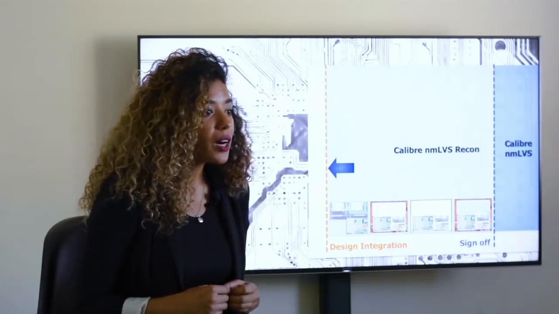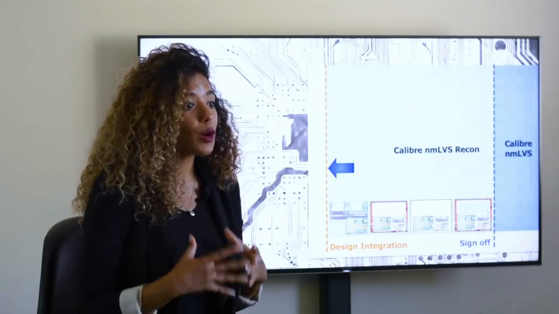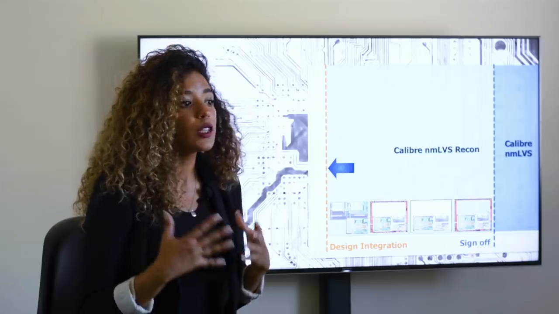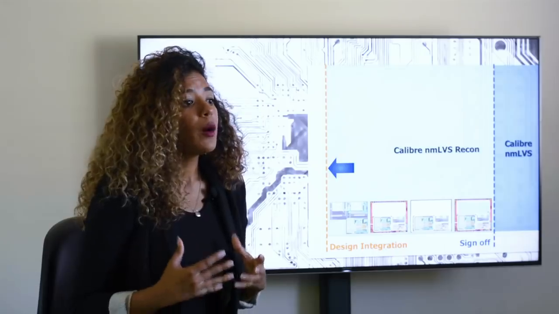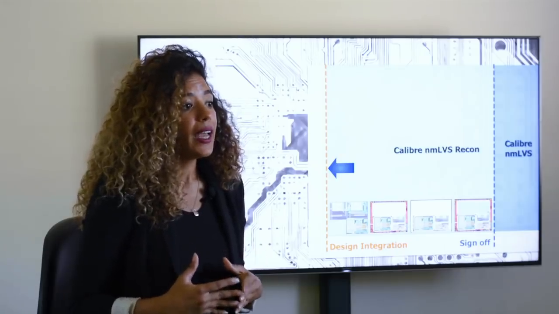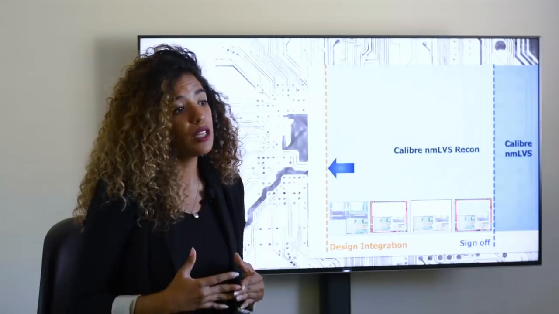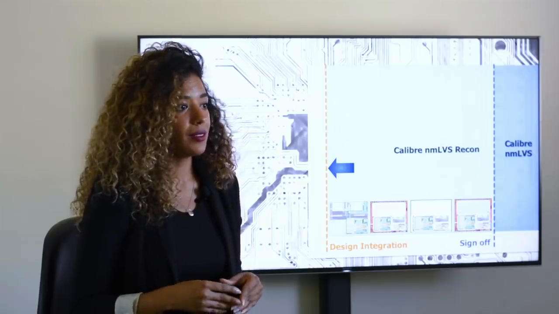Calibre LVS-Recon enables engineers to focus on major pain points like shorted nets, where the number of errors are gross when the design is not ready yet, and could impact multiple verification flows, not just LVS.